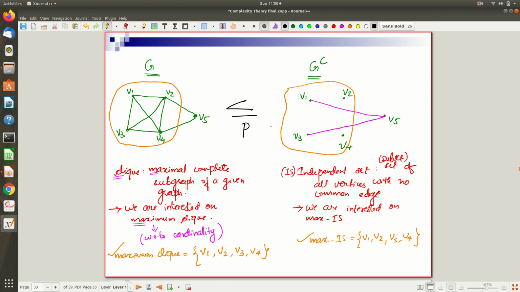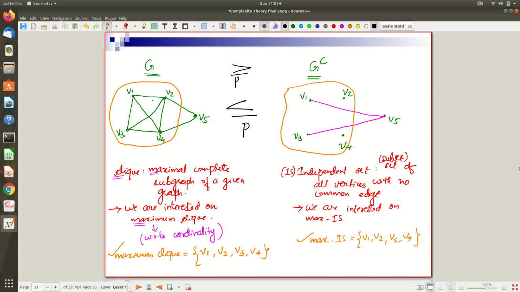Once you find the complement, you just run the polynomial algorithm. Assume that as of now both are difficult and you don't have a polynomial solution for either, but in the future, if someone is able to come up with a polynomial solution for the clique problem or the independent set problem, this reduction is bidirectional, so you can go from here to here and here to here. If I have an easy algorithm for max clique, I can use it as a black box. You know that concept.